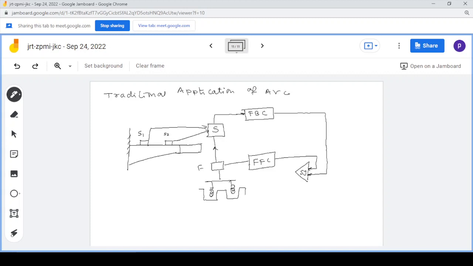This is the mass of the coil housing, let us denote it by M1.